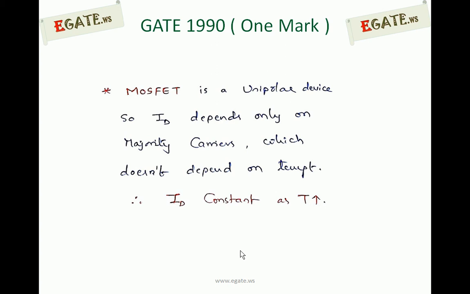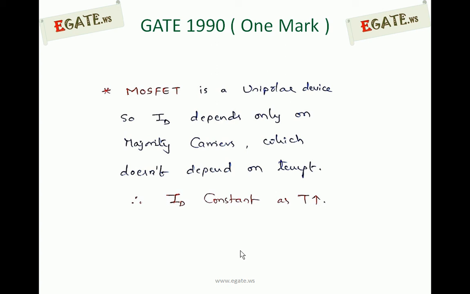Next, MOSFET. What happens to a MOSFET as temperature increases? A MOSFET is a unipolar device. Unipolar means the output current is due to only one type of polarity, always the majority carrier polarity. So the drain current in a MOSFET depends only on majority carriers, it doesn't depend on minority carriers.